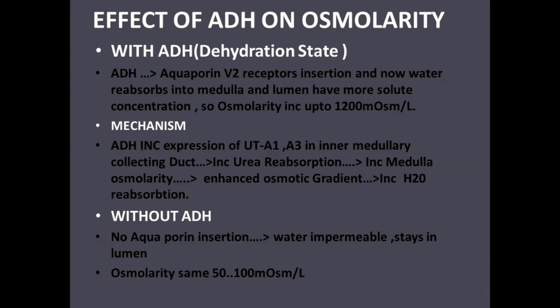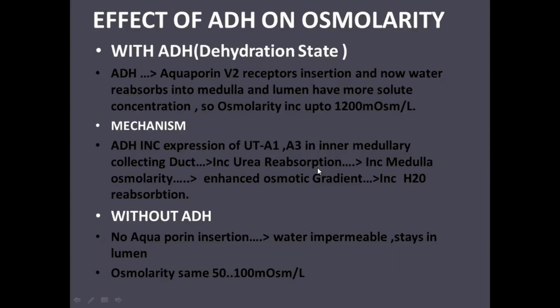It's only in the case of ADH that collecting duct osmolarity reaches up to 1200. How does ADH do this? Actually, ADH increases the expression of the urea transporter in your inner medullary collecting duct, so there is an increase in urea reabsorption. What will urea do? Urea acts as an osmolar agent.